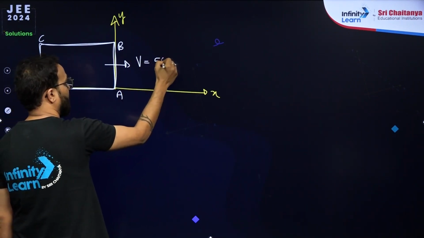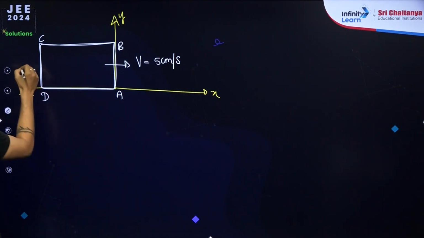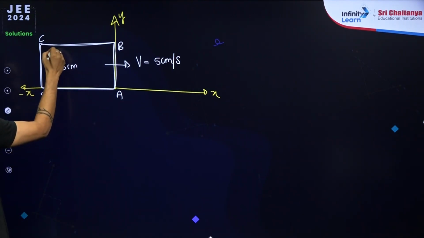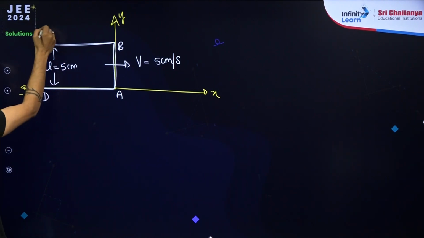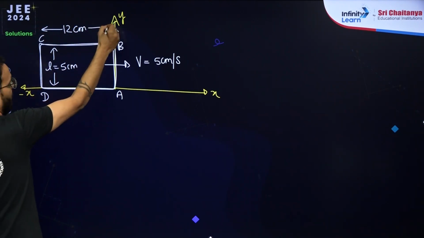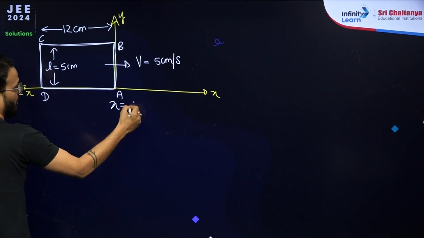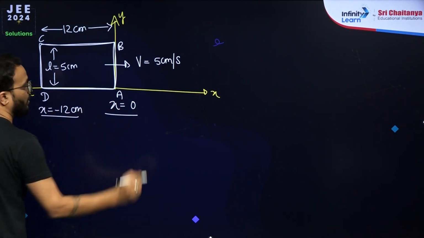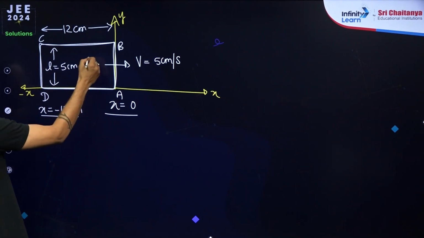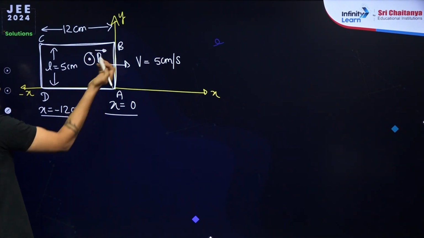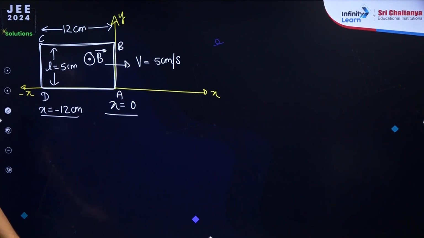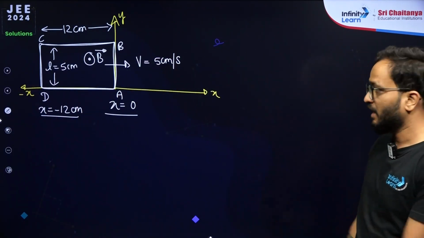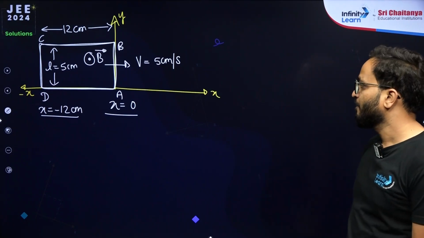Let's say this is given 5 centimeter per second and this length L is 5 centimeter. This distance is 12 centimeter. Here the x coordinate is 0, here the x coordinate is minus 12 centimeter. These informations are given, plus the magnetic field is outwards like this. So I hope this much is clear to all of you. This much data is absolutely clear. Okay, now let's solve it.